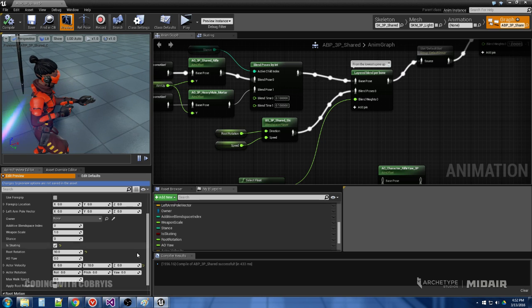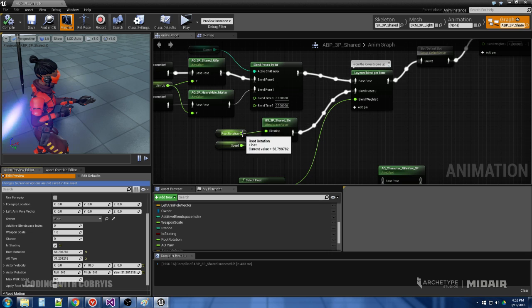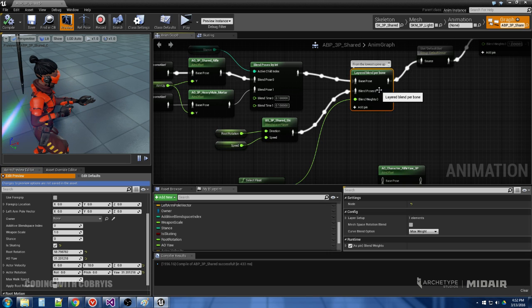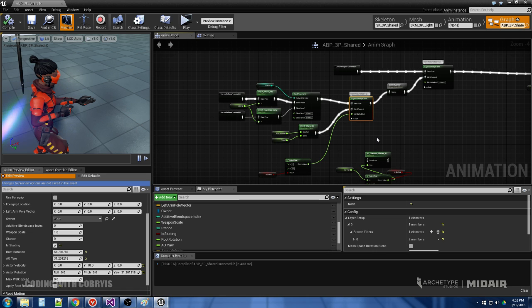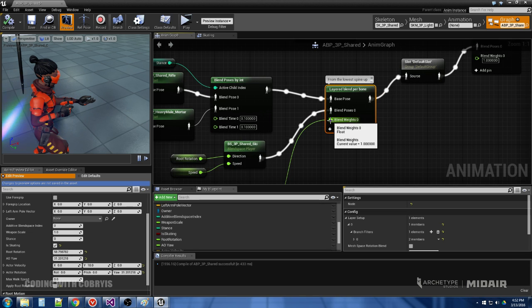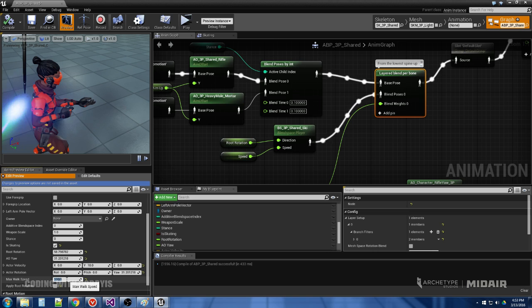What happens if we start to turn? It's not blending. What's going on? Blend weight's 1. Speed doesn't matter. In case it does, set the max block speed to 100.